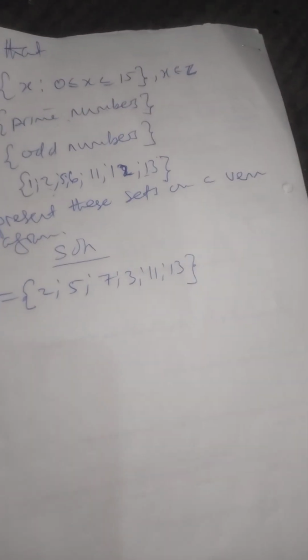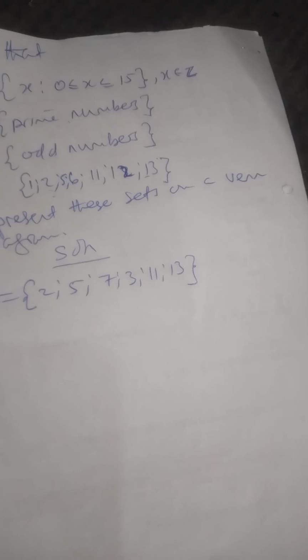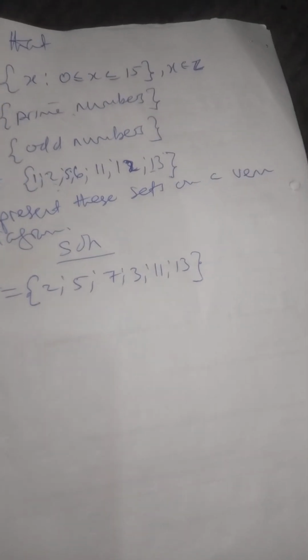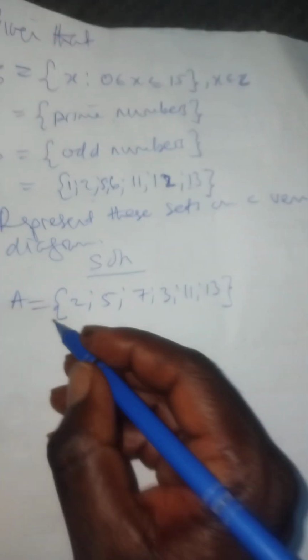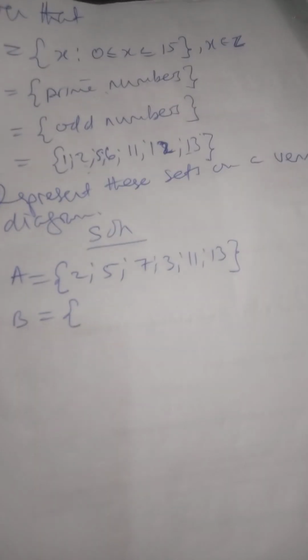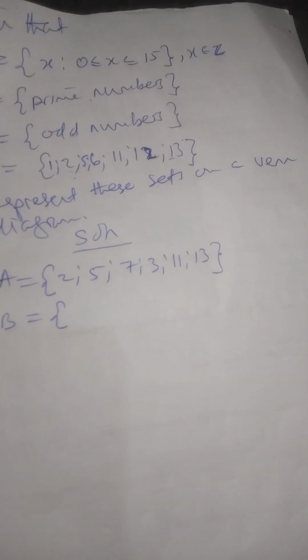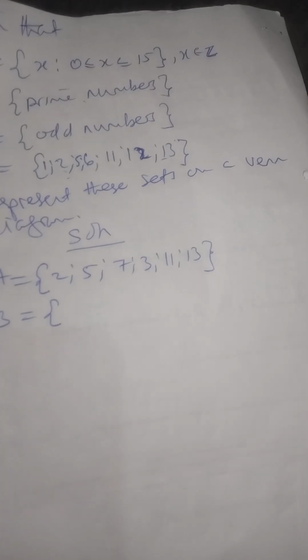And I said the prime numbers are those numbers which only have two factors, which are 1 and itself. They are not divisible by any number except by 1 and by itself. Then set B is a set of odd numbers. What are odd numbers? These are numbers which leave a remainder of 1 when divided by 2.